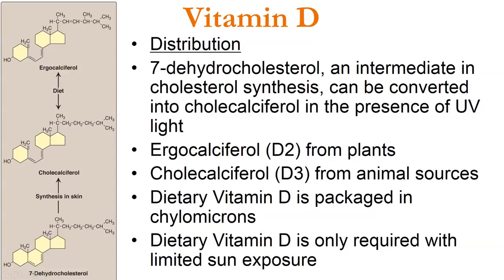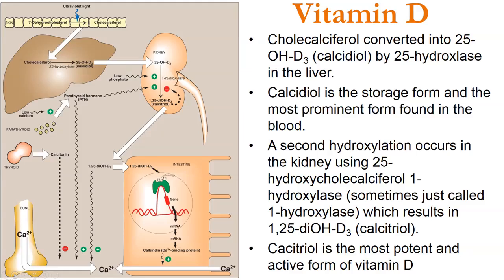So vitamin D is only required, once again, with limited sun exposure. Okay, so there's multiple forms of vitamin D, and ultimately you have to go through a couple processing events before you get the most potent and active form of vitamin D, which is going to be this calcitriol.